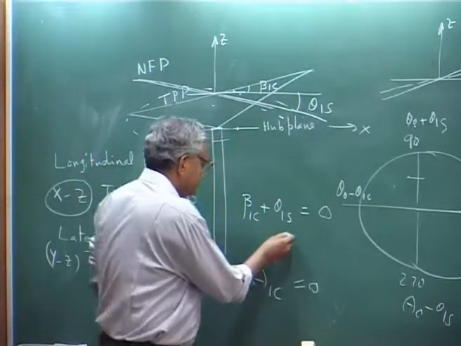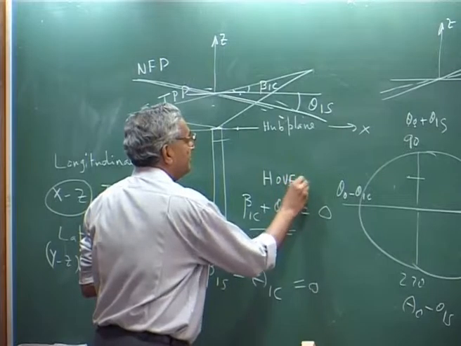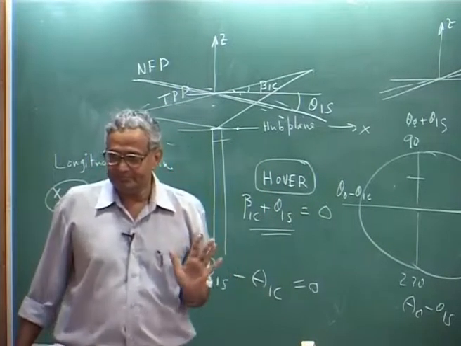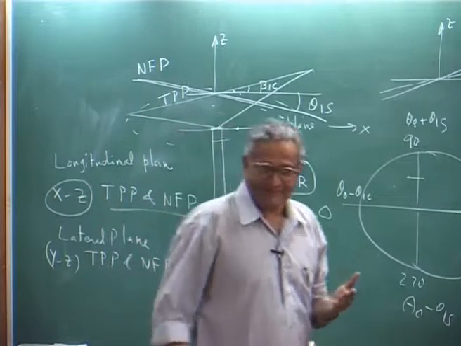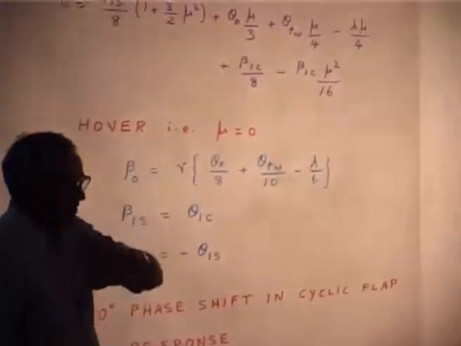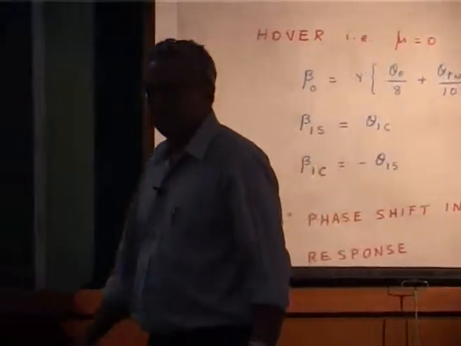Because please understand, I am again putting it in hover. The moment I go to forward flight, these two planes are different, because in forward flight I have to solve. If you want, I can show, I don't know whether I have it. No, it is not here. I have to write it.